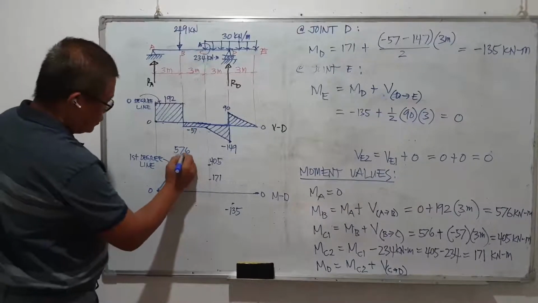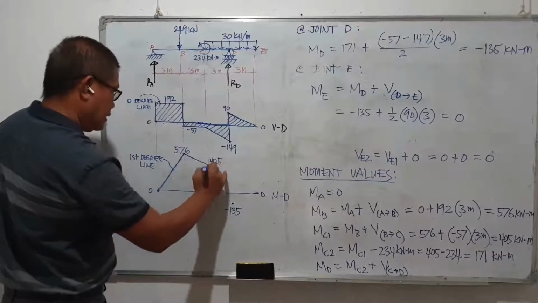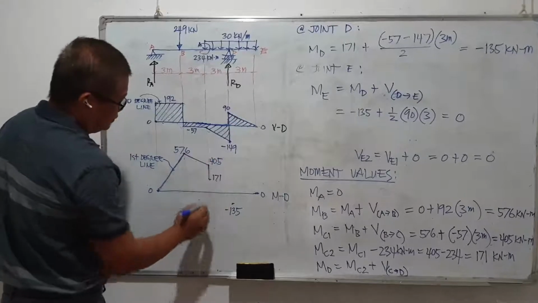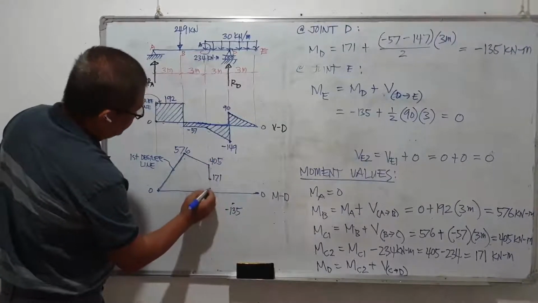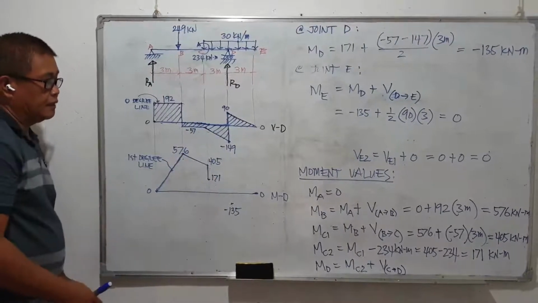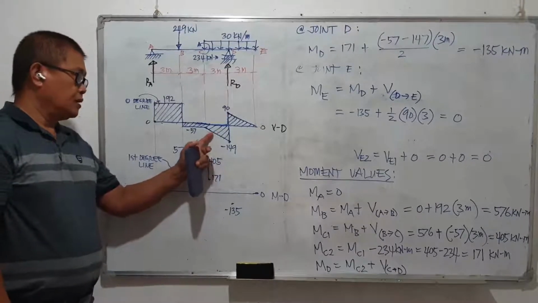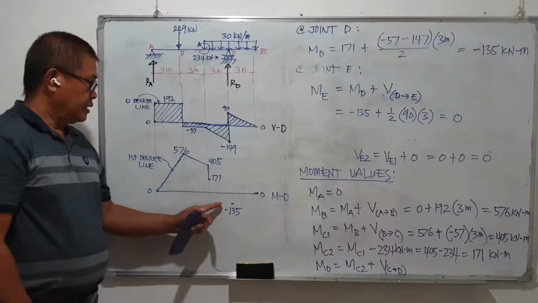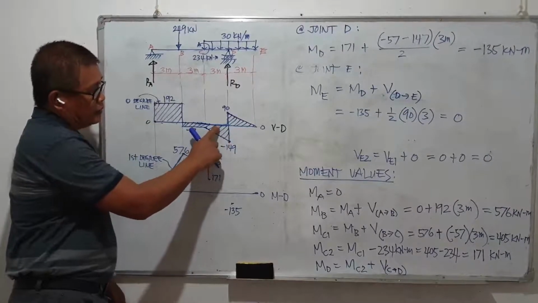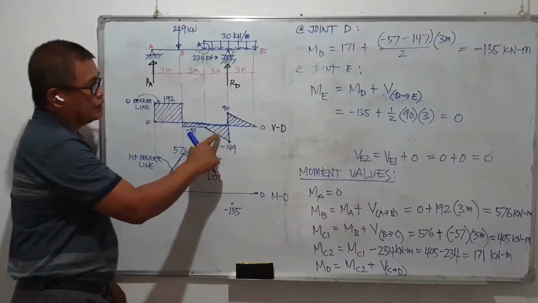So from B to C, it's connected by a first degree line, and then this will go down, and then from 171 to 135, this is a first degree line. Therefore, here should be second degree. In the moment diagram, it becomes second degree because first degree plus 1 is second degree. That will define this segment of the beam. And the behavior of the shear is increasing, negatively increasing.